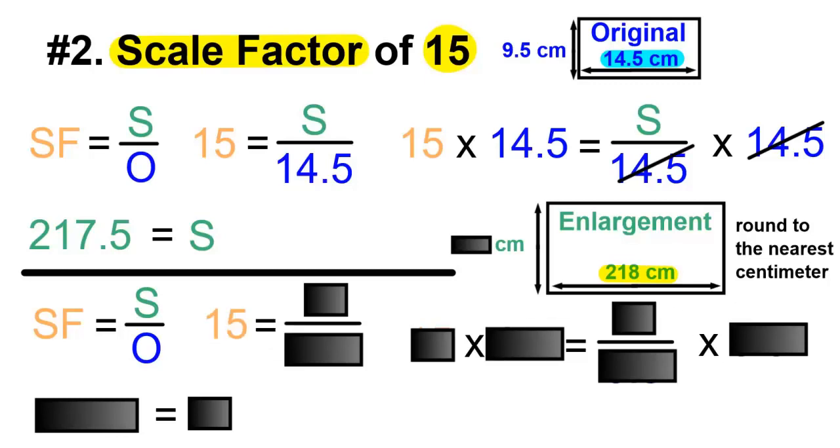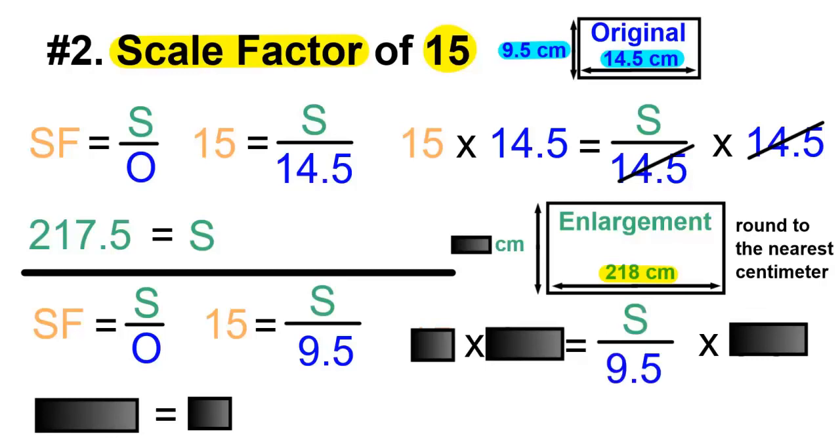Scale factor is scale over original. The scale factor is 15. This time the original will be the short side, which is 9.5 centimeters. And the scale of the enlargement is the unknown. To isolate the s, we do the opposite of divide by 9.5, so we multiply by 9.5. We also multiply the left-hand side by 9.5 as well.